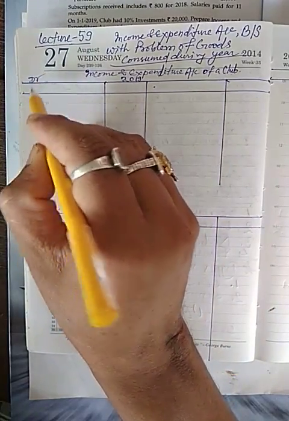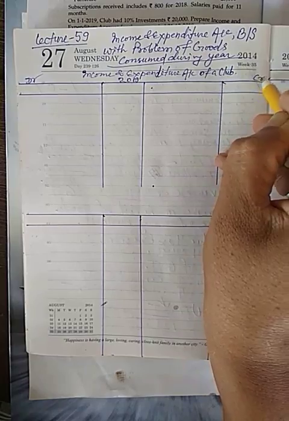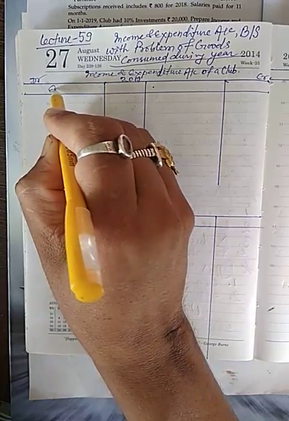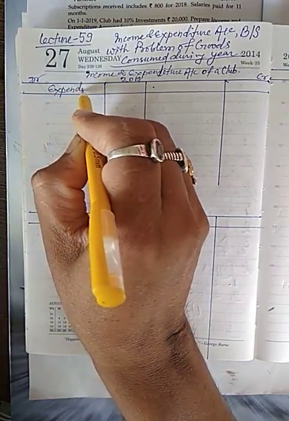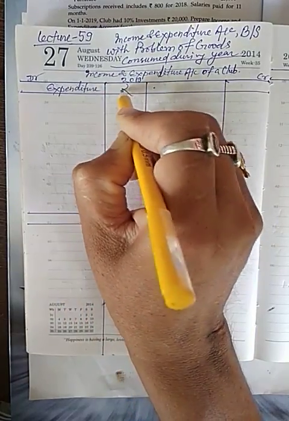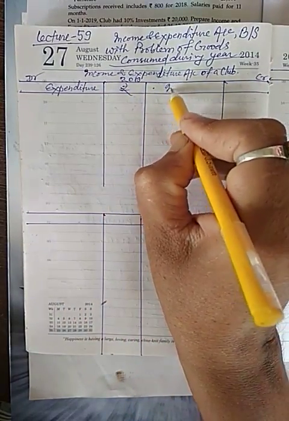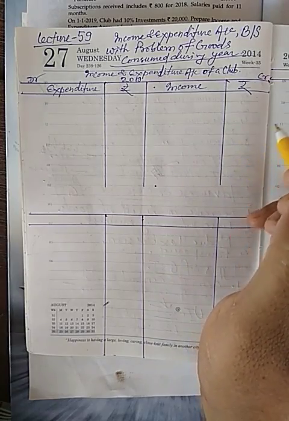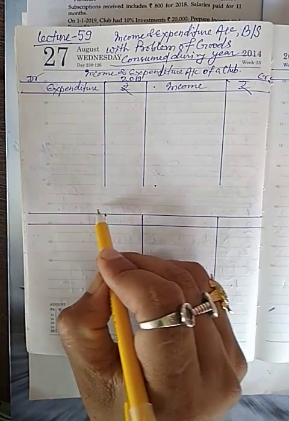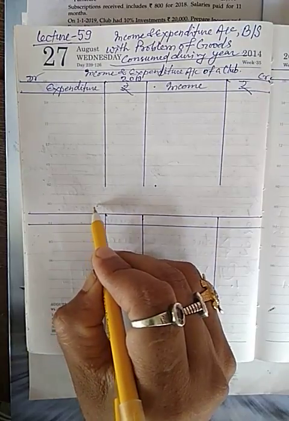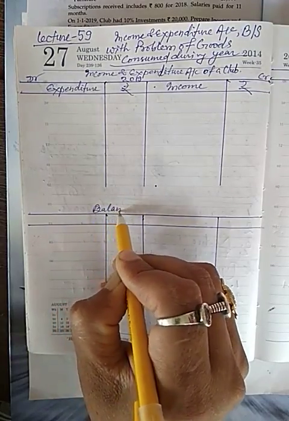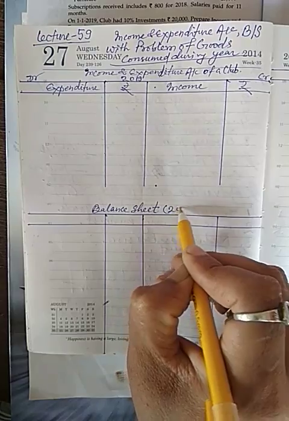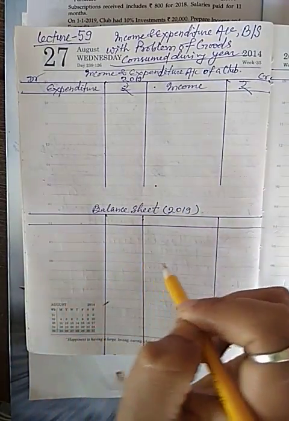This is DR side and this is CR side. Expenditure, rupees amount, income, rupees. Now this is the format of balance sheet of 2019, that means current year balance sheet.